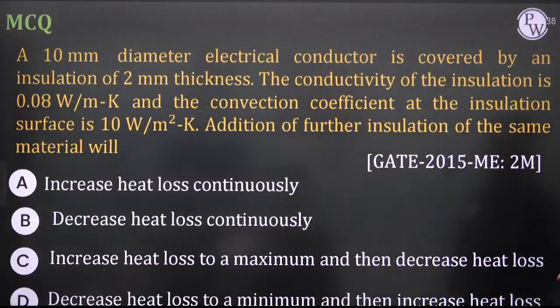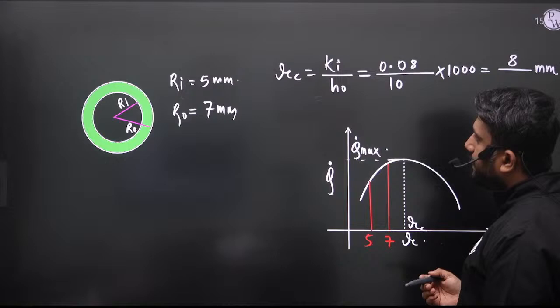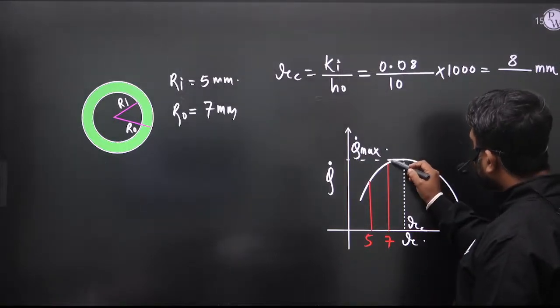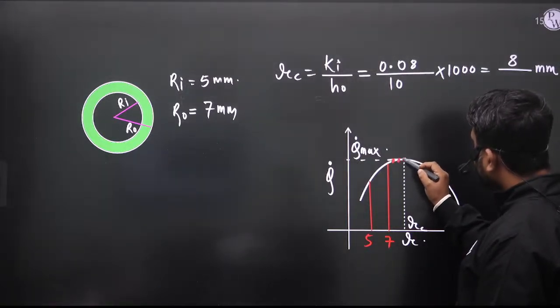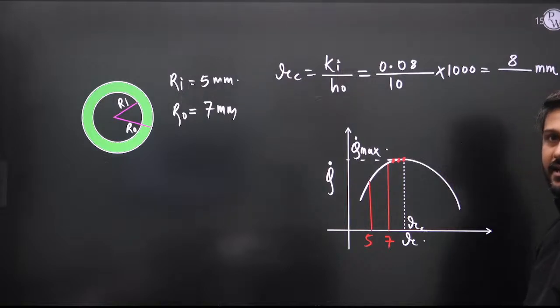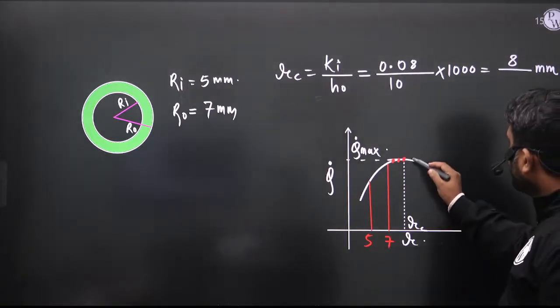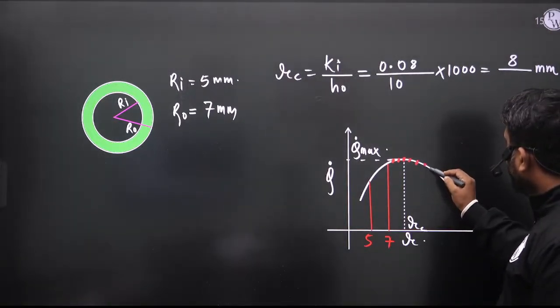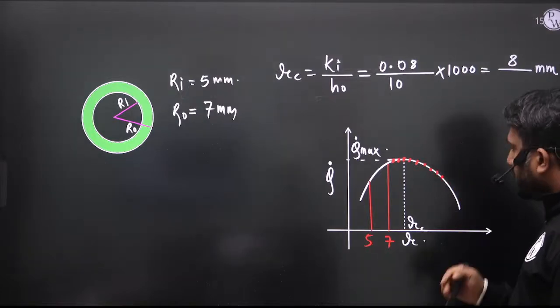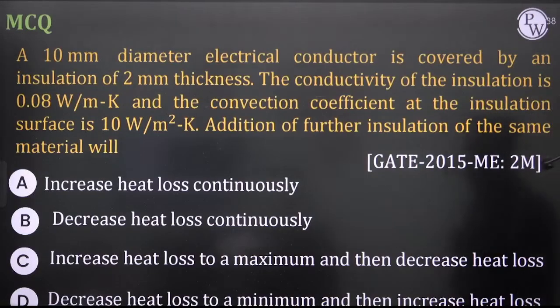Now, addition of further insulation of the same material will be... If you add insulation further, the heat transfer increases, reaches a maximum value and then starts to decrease. So if you add further insulation, it increases the heat loss to a maximum and then decreases the heat loss.